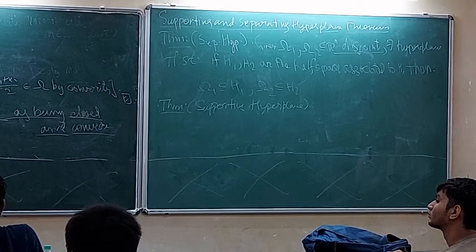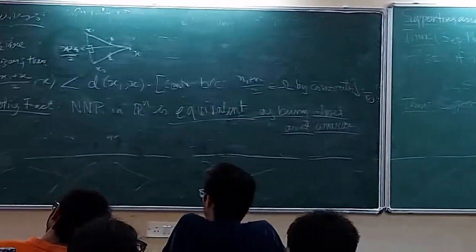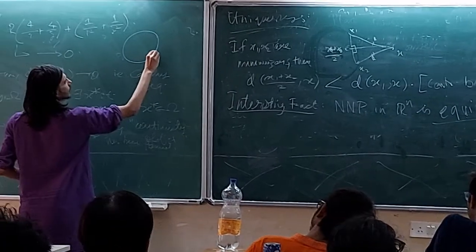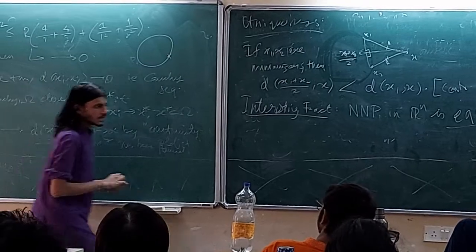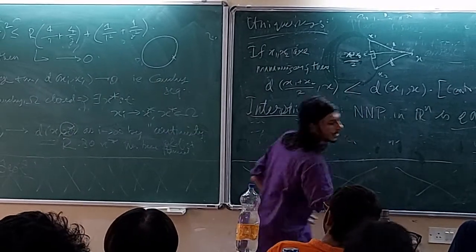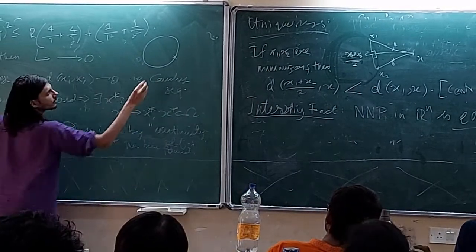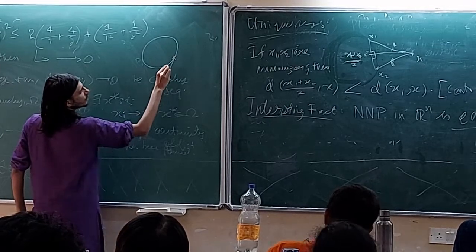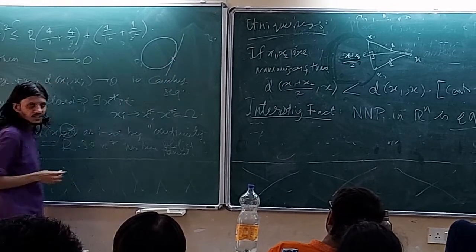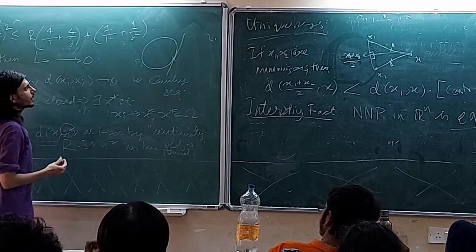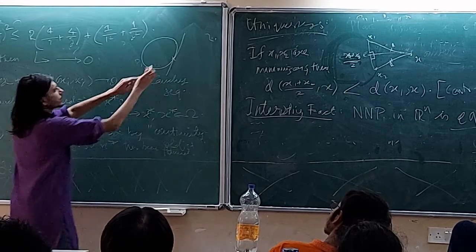So for example, let's say this is a convex set, and I want to draw a separating hyperplane at this point. It will be like a hyperplane which just touches this point and runs away. It's like a tangent. Exactly. It's like a tangent.